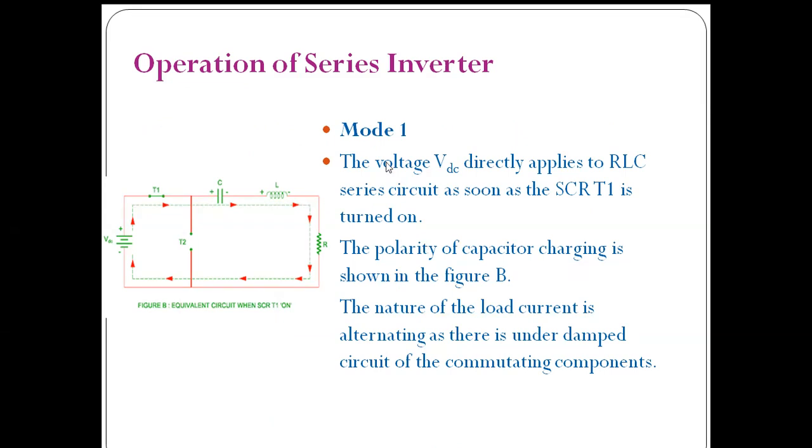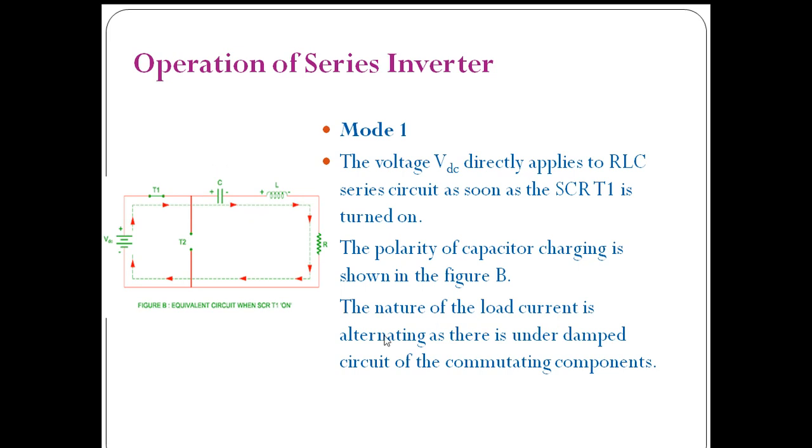Operation in mode 1: the voltage VDC is directly applied to the RLC series circuit as soon as thyristor T1 is turned on. The polarity of the capacitor changes as shown in figure B, and the capacitor will be charging with this polarity.